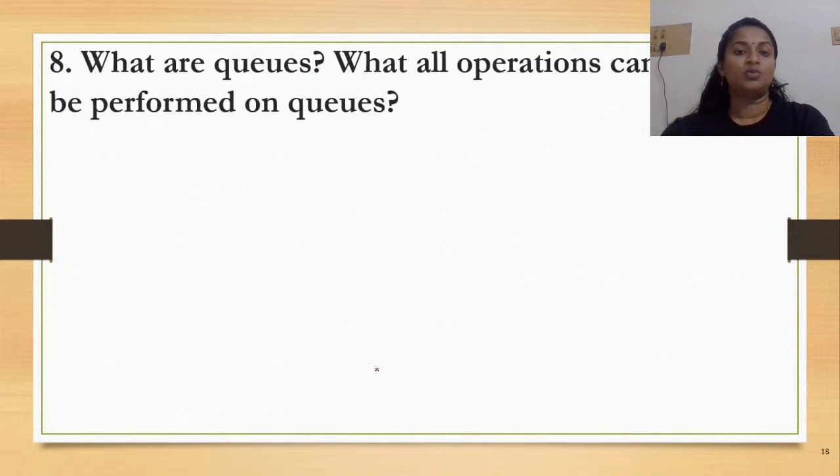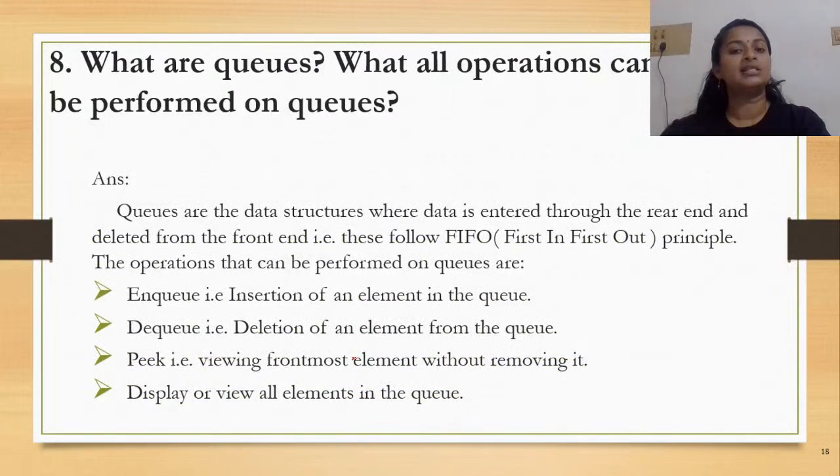Now next question: what are queues and what are the operations that can be performed on queues? We saw that stack is a linear data structure. Similarly, queue is also a linear data structure. But stack followed the LIFO technique, and queue follows a FIFO technique. What is FIFO? First in, first out principle.